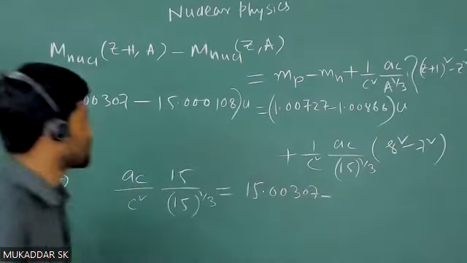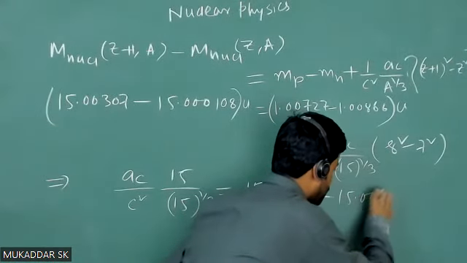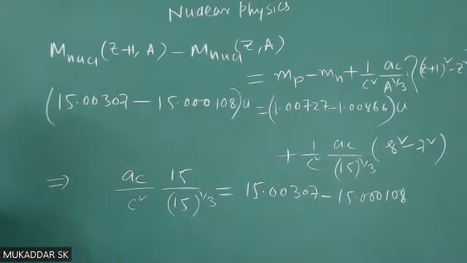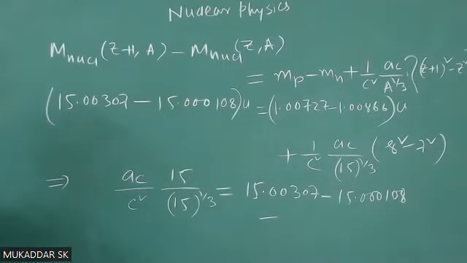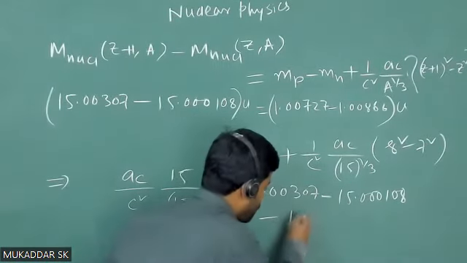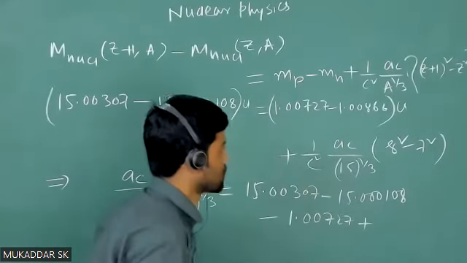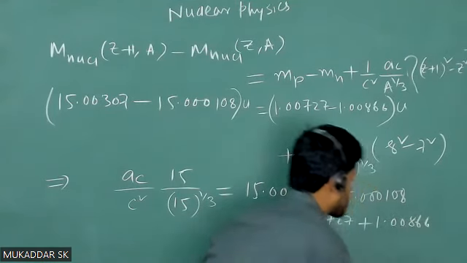15.00307 minus 15.00008 minus 1.00727 plus 1.00866.